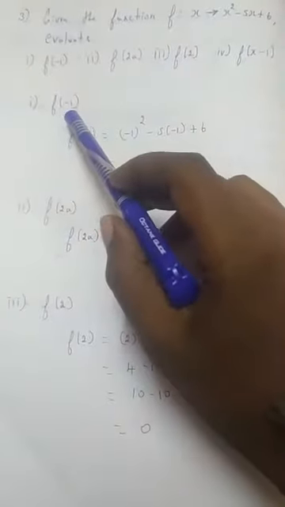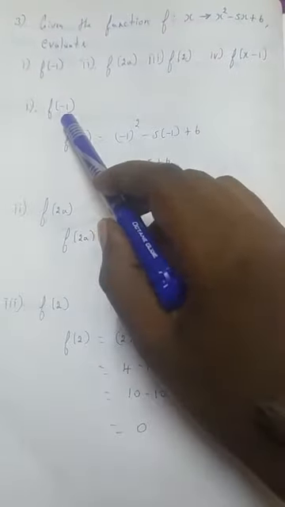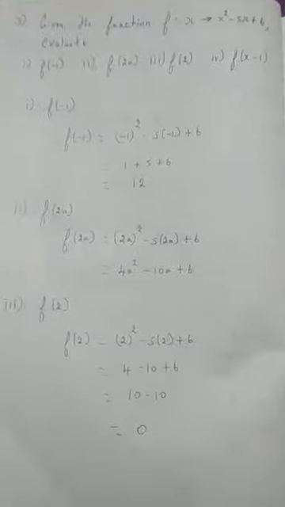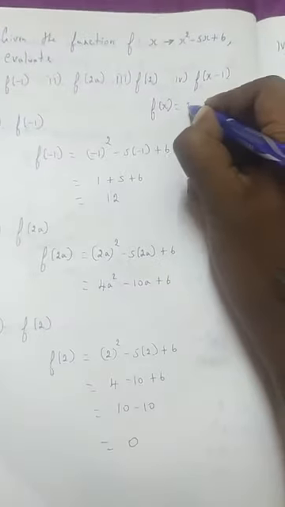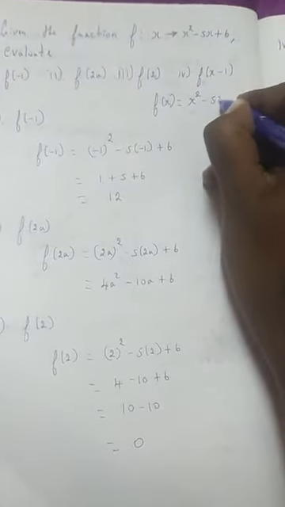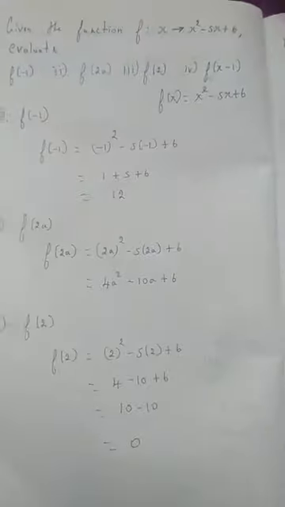So f of minus 1 is nothing but we have to substitute minus 1 in the place of x in this equation. Right? So f of x is x square minus 5x plus 6.